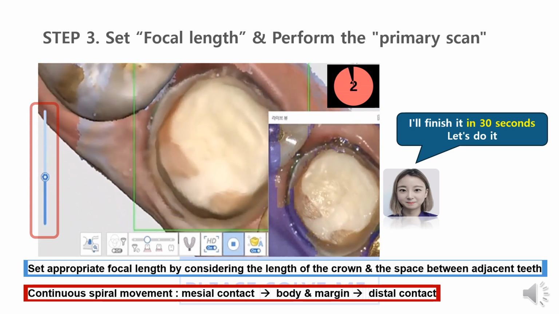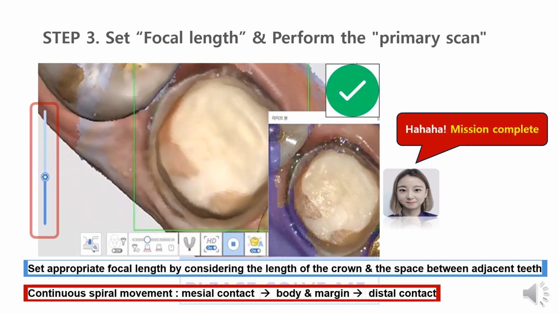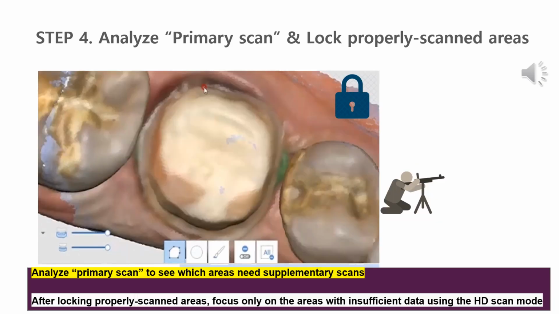Mesial contact in the same way as in the previous diagram. The primary scan is performed with the mindset of obtaining approximate data of the entire crown through the spiral movement. But keep in mind, while the body can be roughly scanned, we need accurate data for both the distal and mesial contact points in the primary scan.